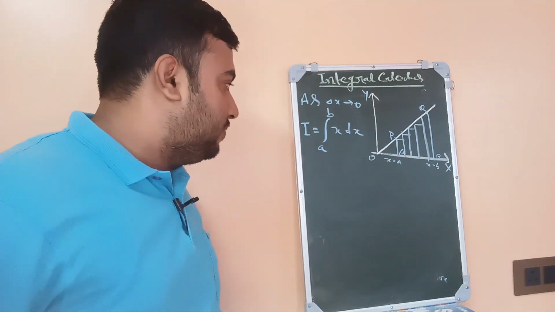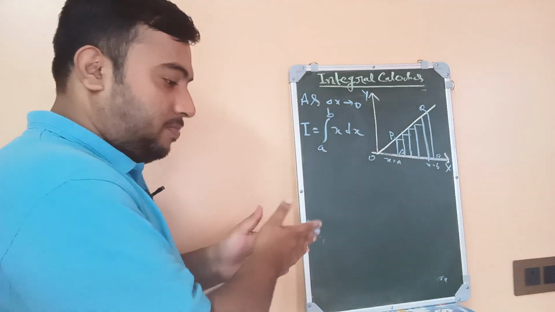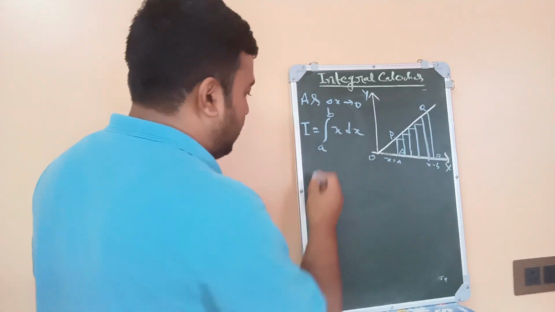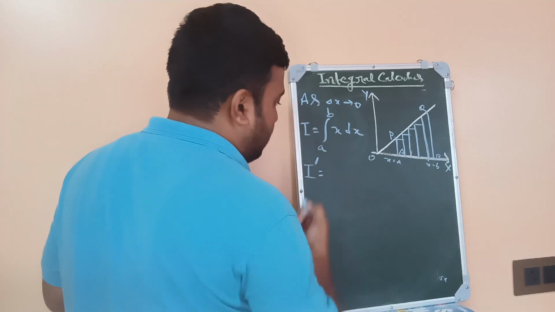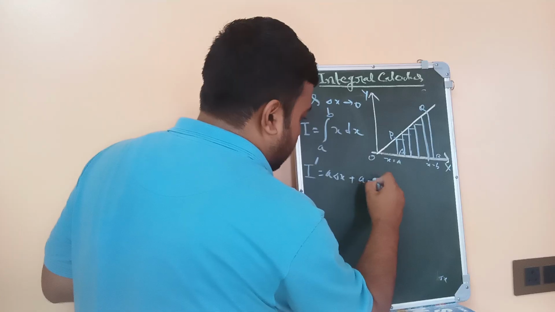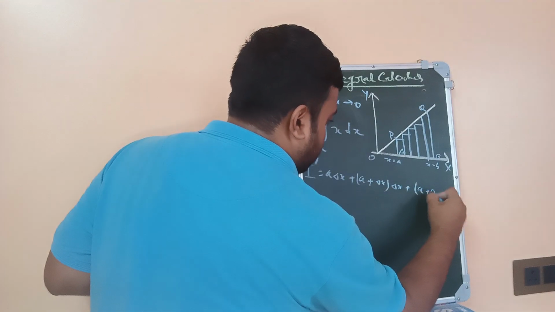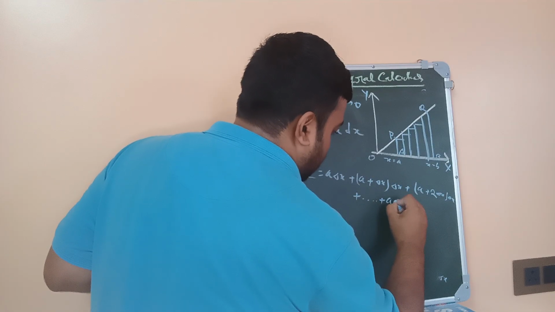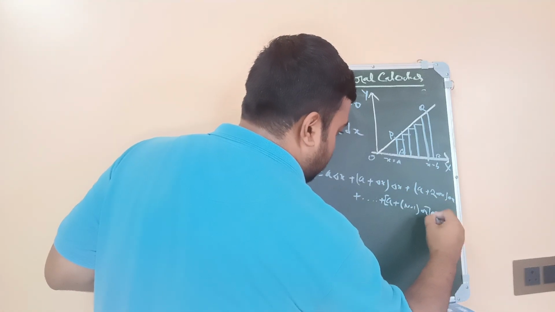Now the terms in the series was, my board is so small that I have to remove the previous series, so I write it again. I prime was a into delta x plus (a + delta x) into delta x plus (a + 2 delta x) into delta x plus dot dot plus (a + (n - 1) into delta x) into delta x.